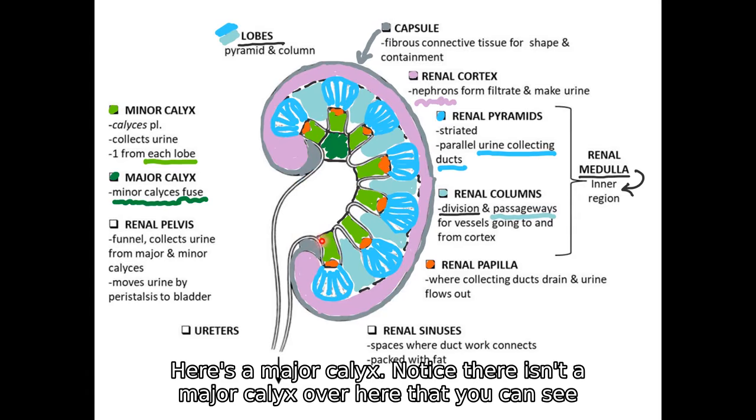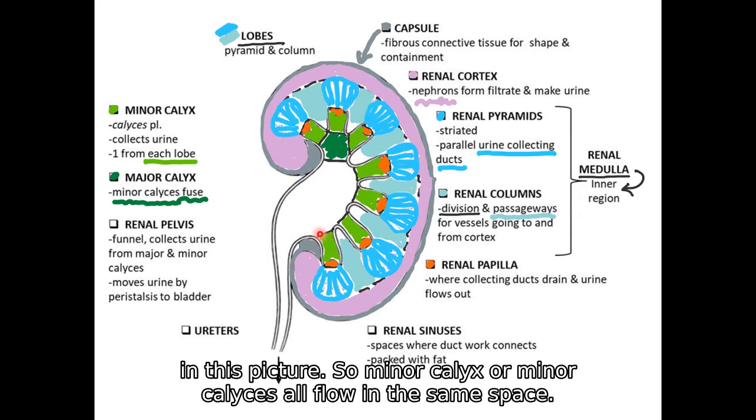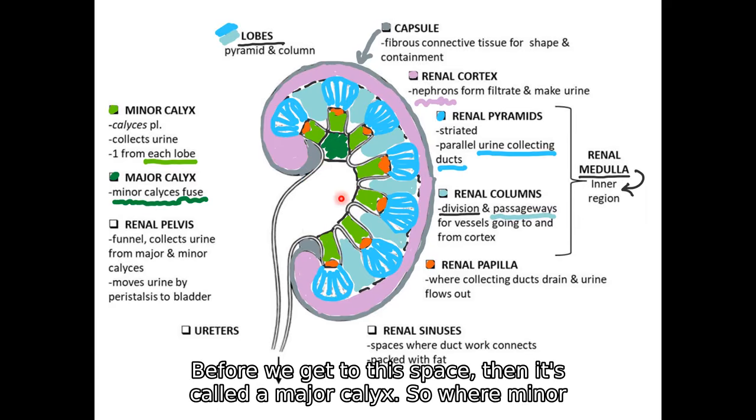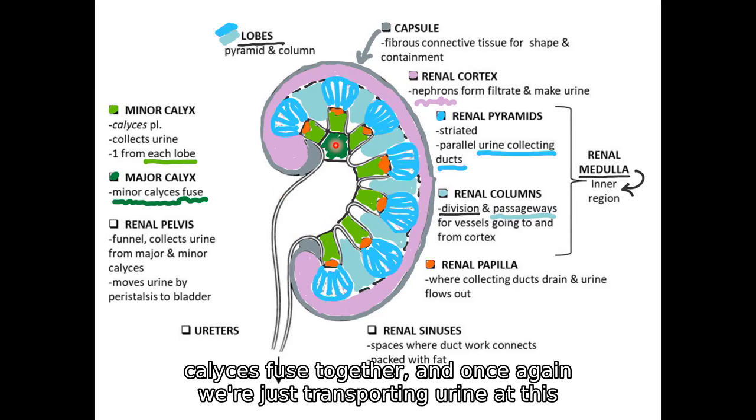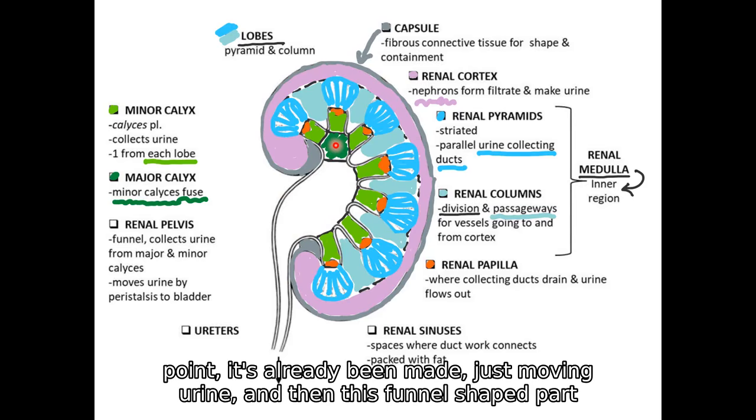Notice there isn't a major calyx over here that you can see in this picture. So where minor calyces fuse together, it's called a major calyx. And once again, we're just transporting urine at this point. It's already been made. Just moving urine.